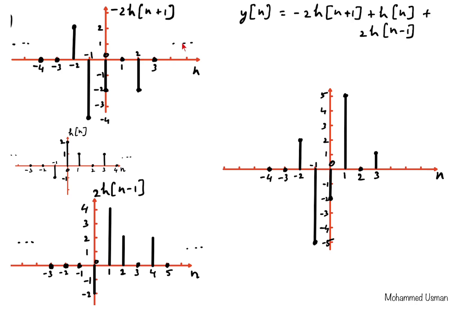Now for n equal to 4, this dotted line, these dots here indicate that anything beyond 3 is 0. So that's 0. Here also it's 0. So that's 0 plus 0 plus 2. So the value for n equal to 4 is 2. So for n equal to 4, we have an impulse of height 2.